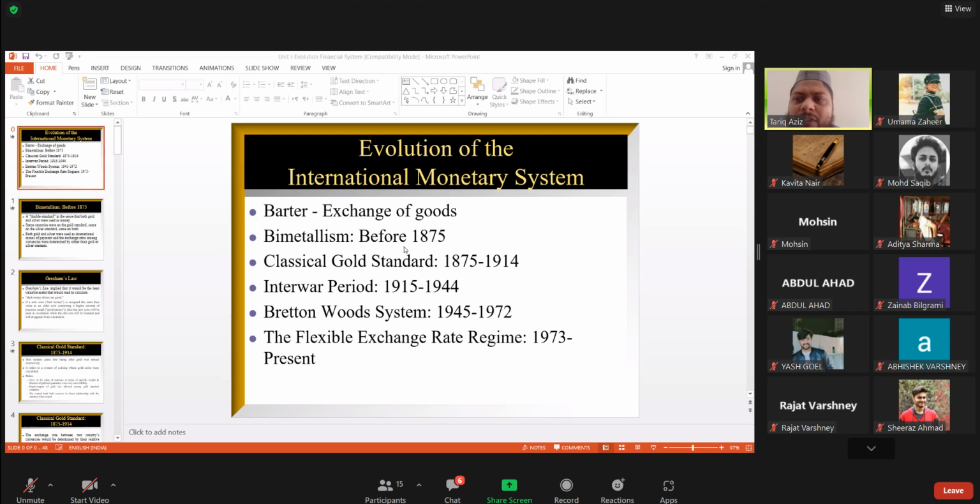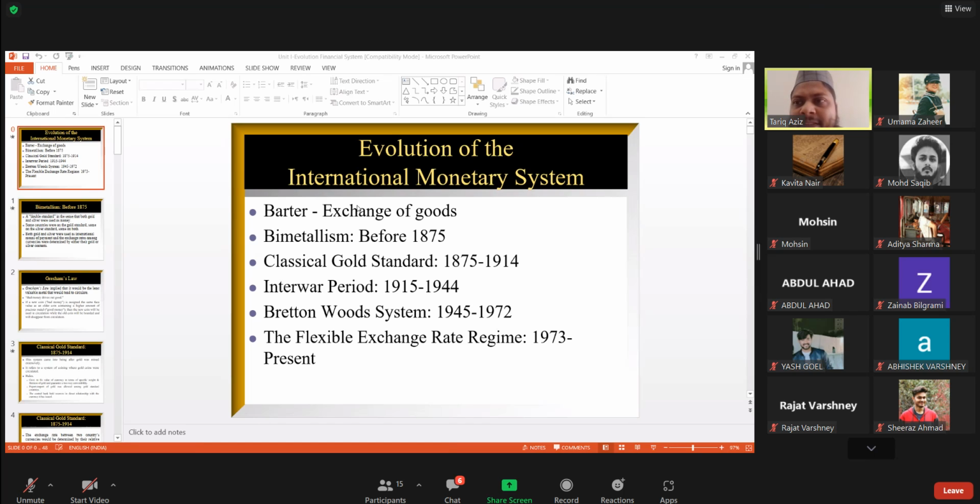Some metal coins are found, but even before those civilizations, the system that was in existence is known as barter system. So barter system is a system in which goods are exchanged with goods. There is no money that can act as a medium of exchange.